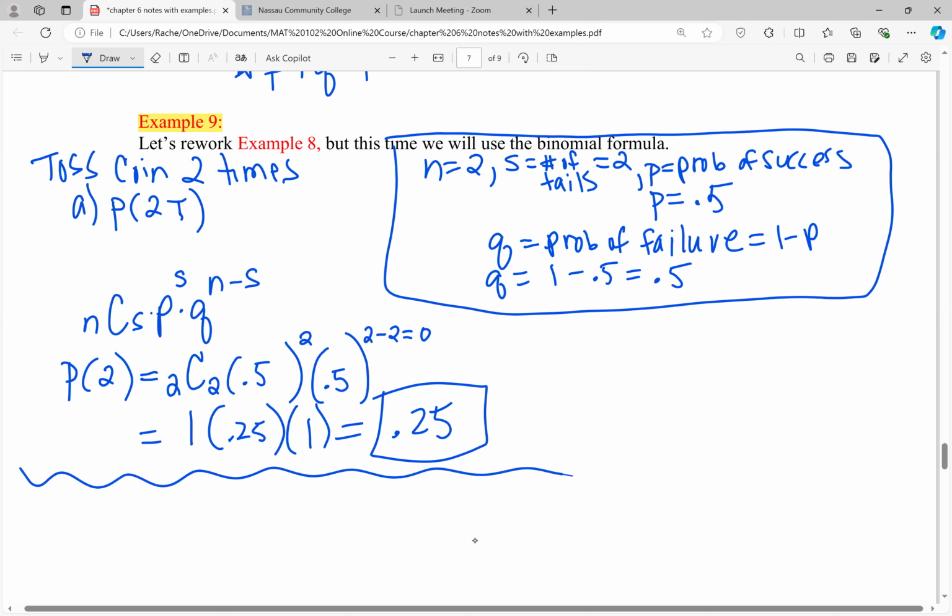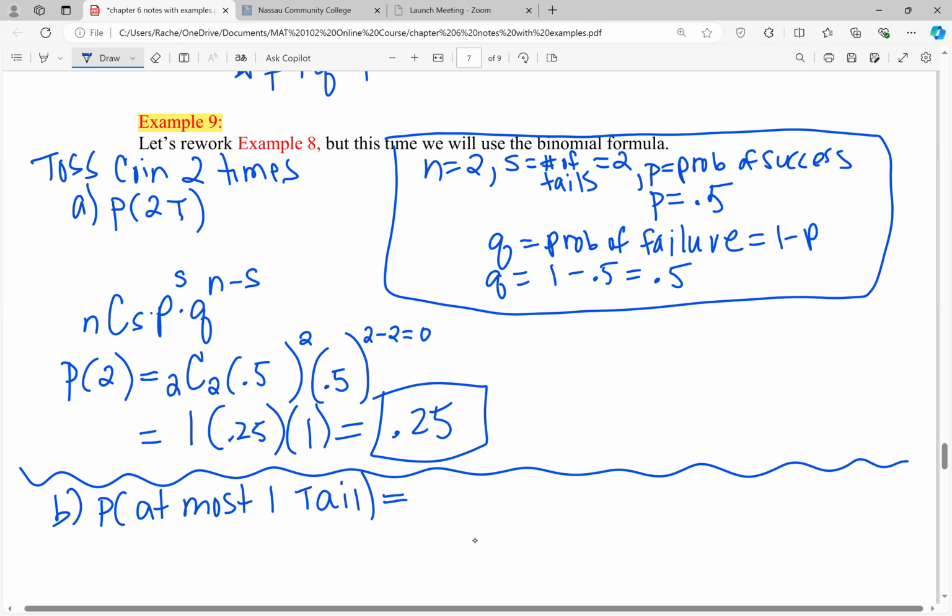So before we wrap up, let's just do part B. So part B was the probability of at most 1 tail. So at most 1 tail includes the probability of 0 or 1 tails, right?